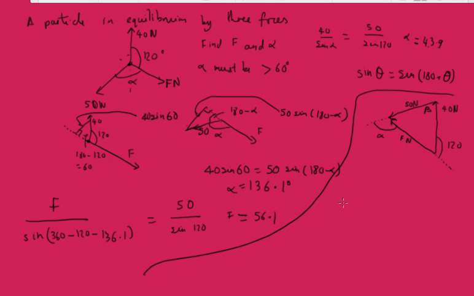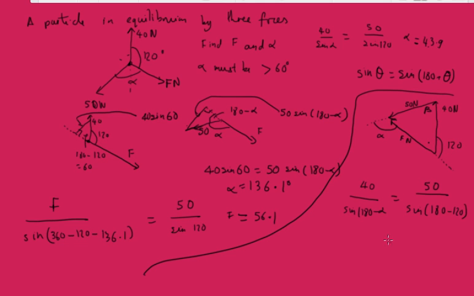So here we can use Lami to do 40 newtons over sine 180 minus alpha, which is equal to 50 over sine 180 minus 120, because we want this angle in here.